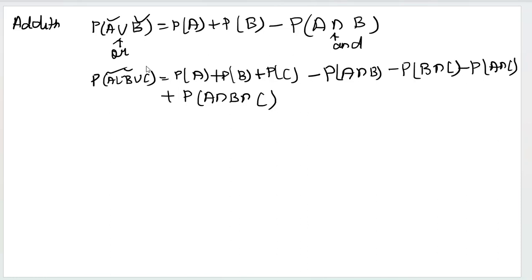You write all the singles with a plus sign. Then when you take the pairs, that is AB, BC, AC, you put a minus sign. And then when you write all three, you put a plus sign.